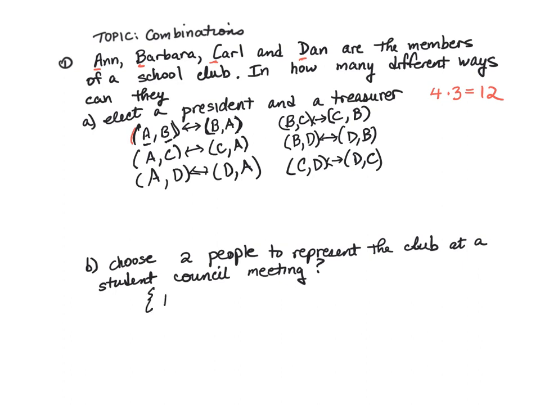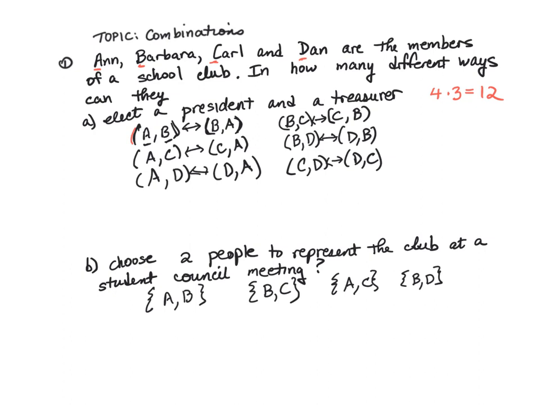We could list them as AB, which is the same as saying BA. We could say BC, which is the same as CB. We could say AC, which is the same as CA, BD, the same as DB, and so on.